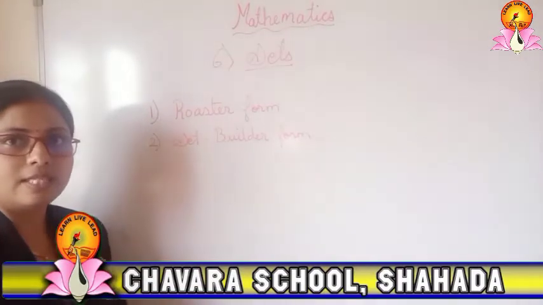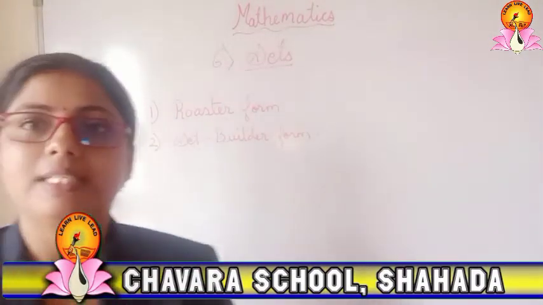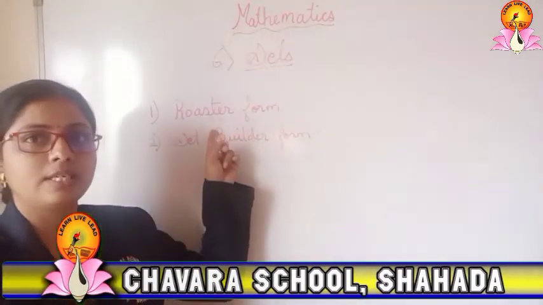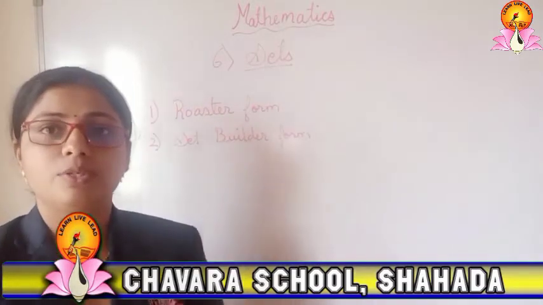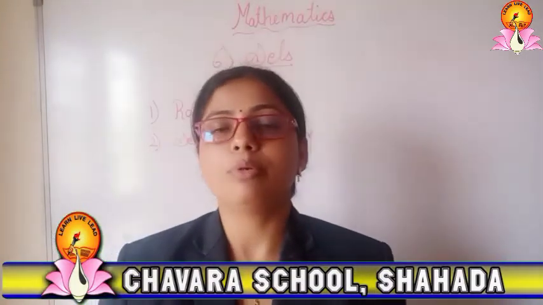So these are the two types of the sets. One is roster form and another one is set builder form. So let us study about both the forms of sets.